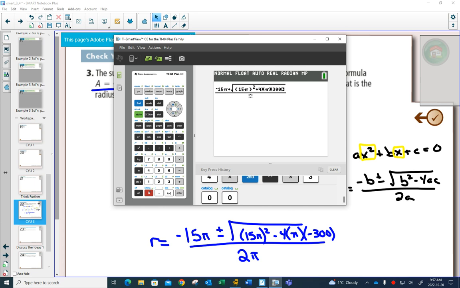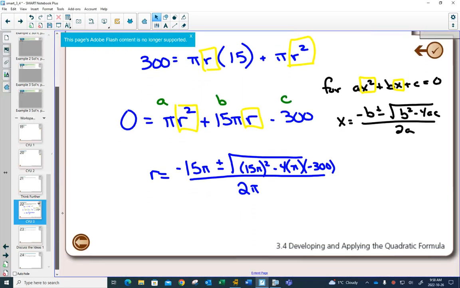It would have worked on my calculator to put it in brackets as well. Divided by 2 pi. So we want to be able to use our calculator to get answers. Do we know how to type things into our calculator? If you have the fraction button, makes things really nice, because we get 4.818, which to the nearest hundredth would be 4.82.